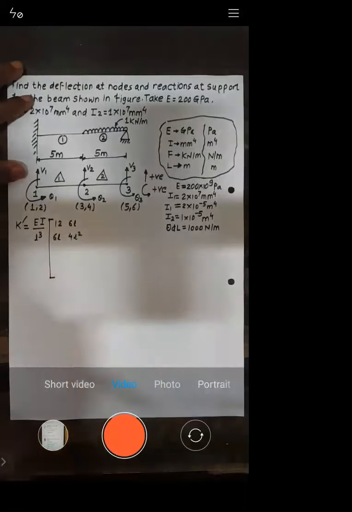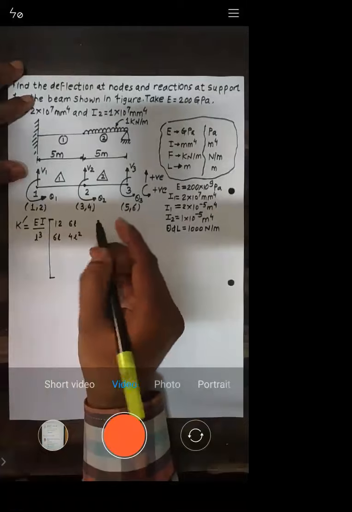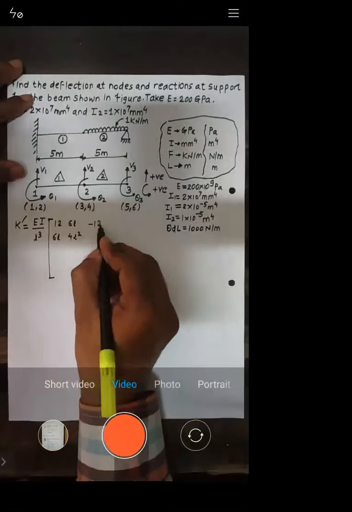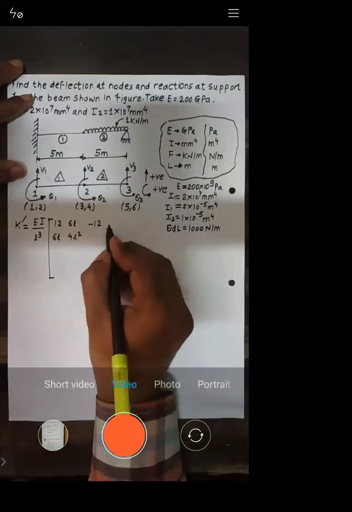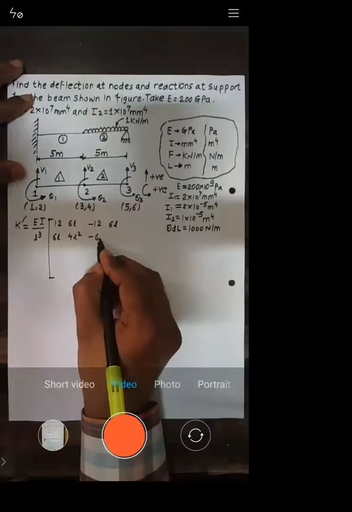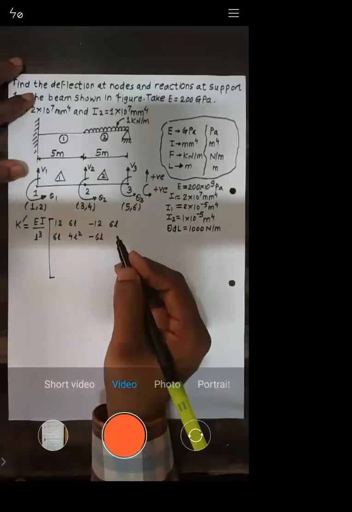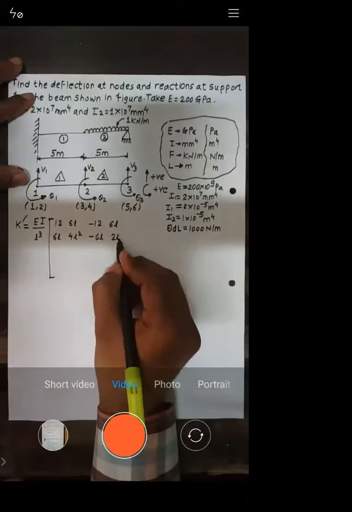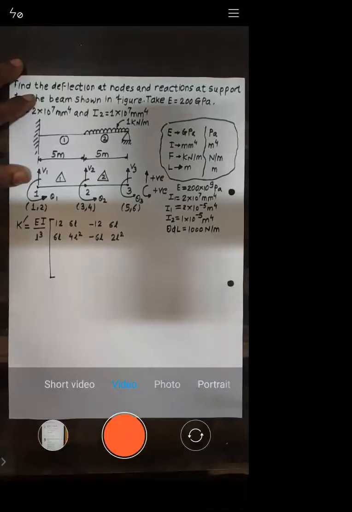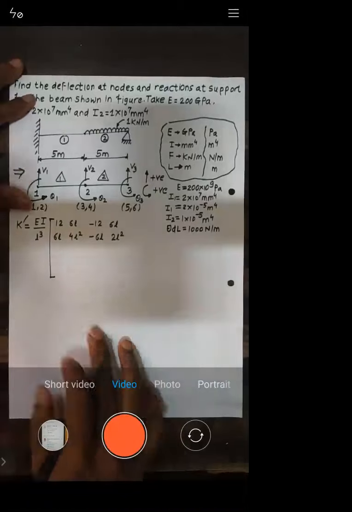Next, what do you have here? Minus 12, 6L, minus 6L, 2L square. Next, what do you have here?